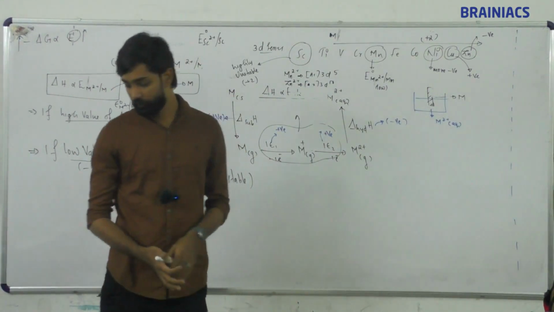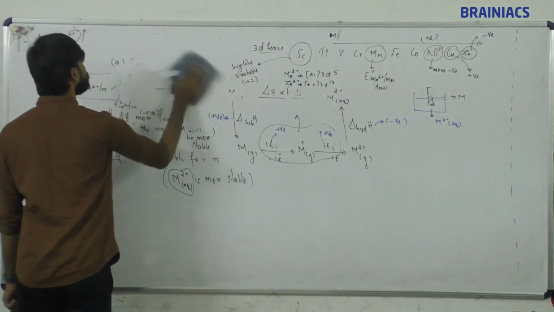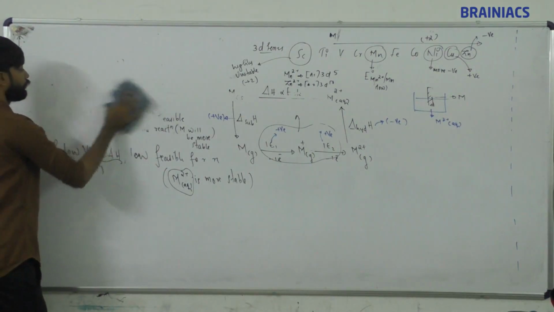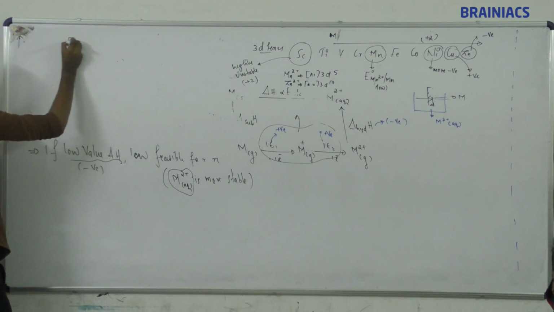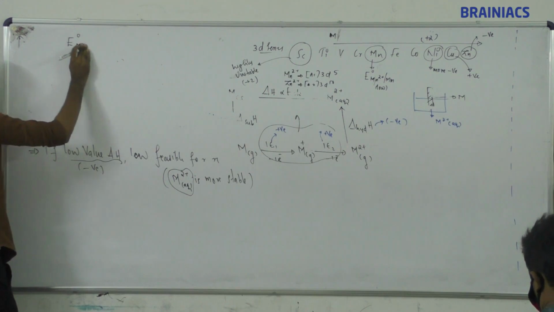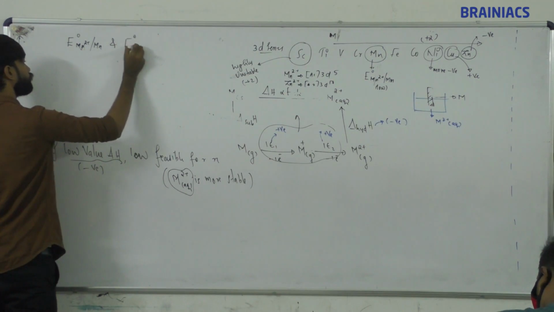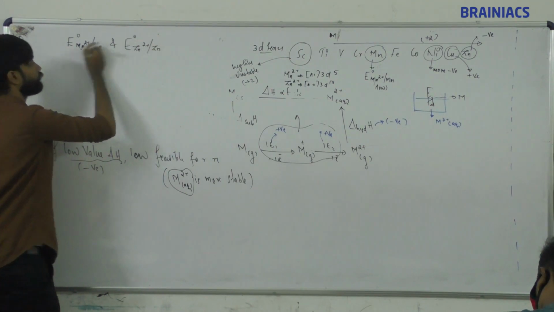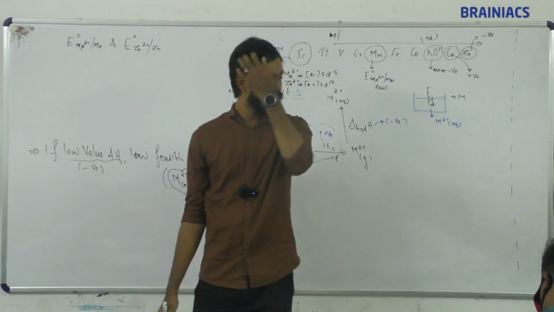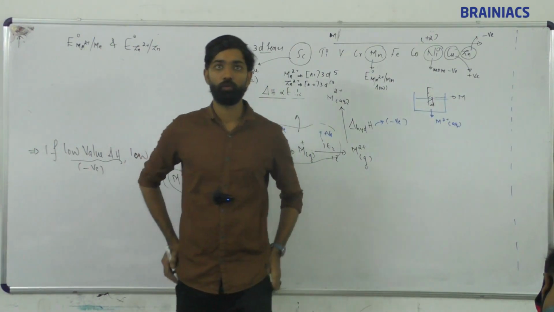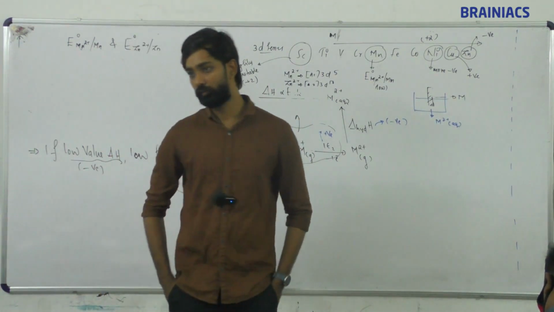E0 Mn2+/Mn and E0 Zn2+/Zn are exceptionally low, in bracket negative.